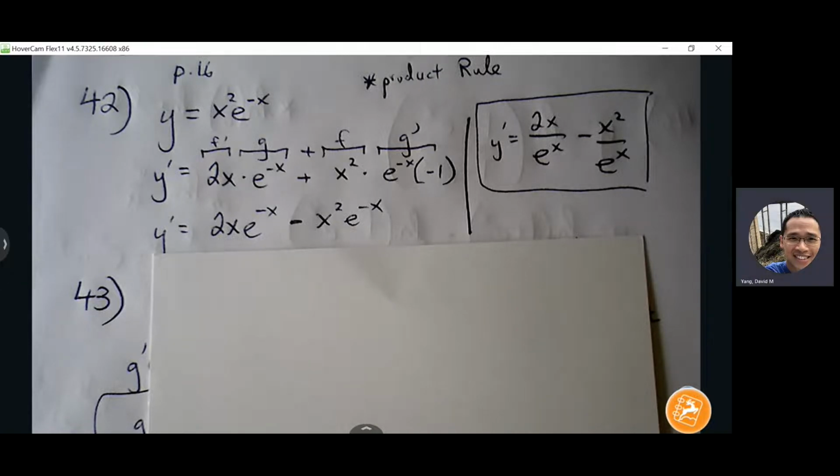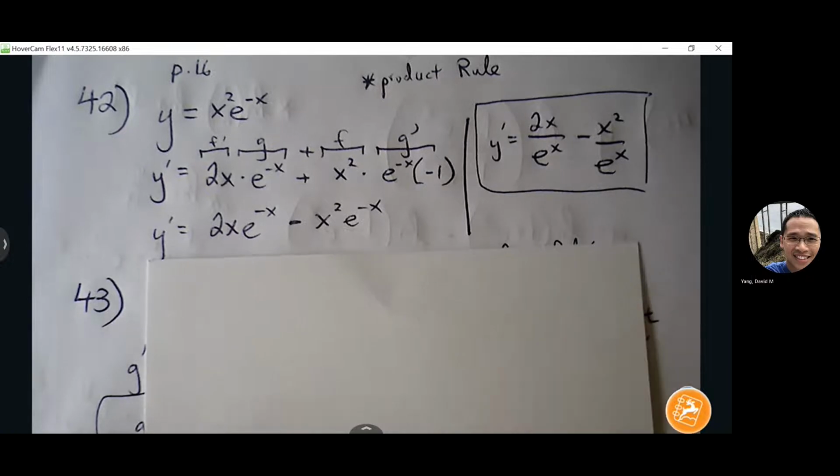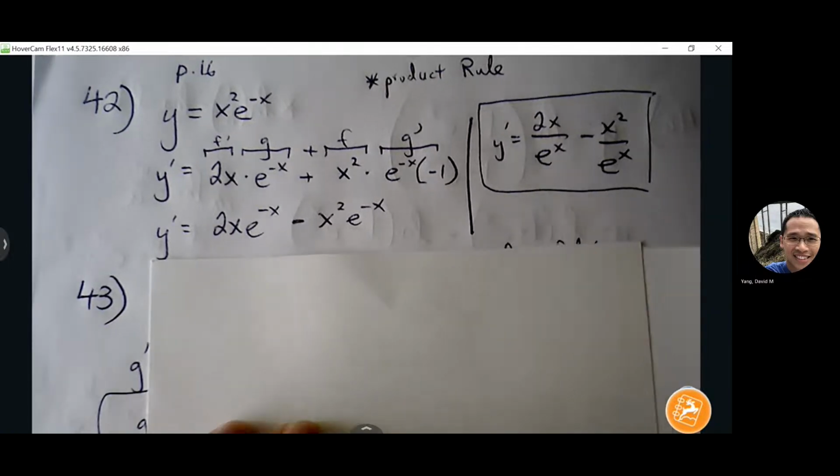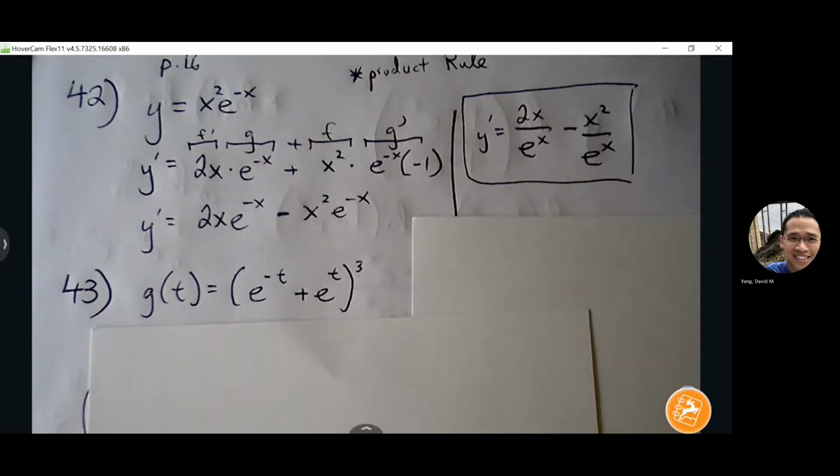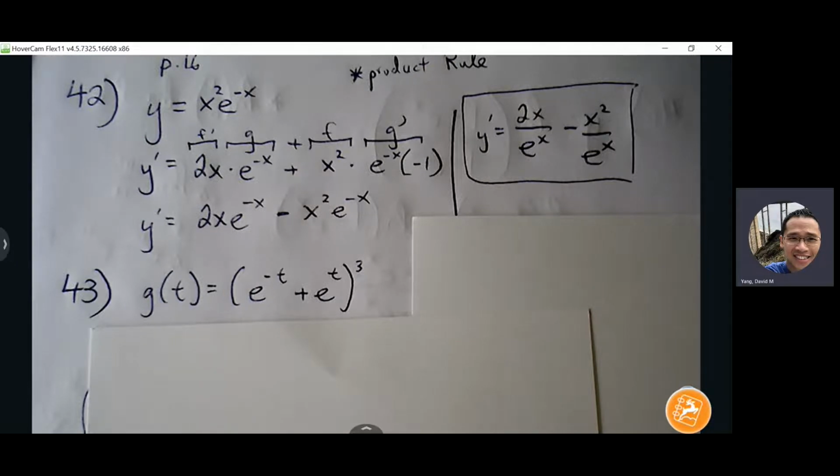Take a look at 43. Also, we're just finding the derivative of all these expressions here. e to the negative t plus e to the t, quantity cubed. Obviously, we have to involve exponential function e to the u, but what else? Same rule, yep.